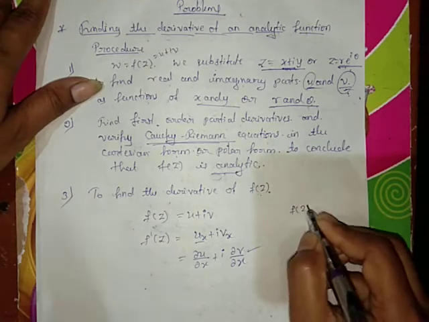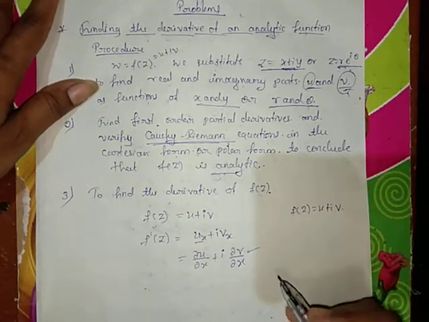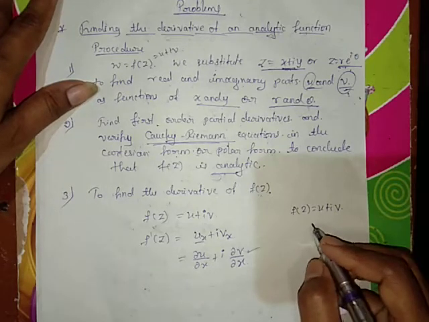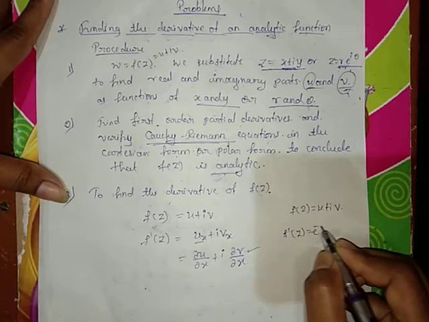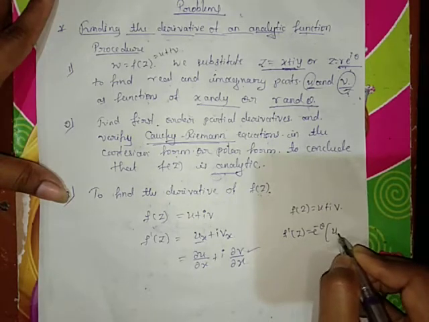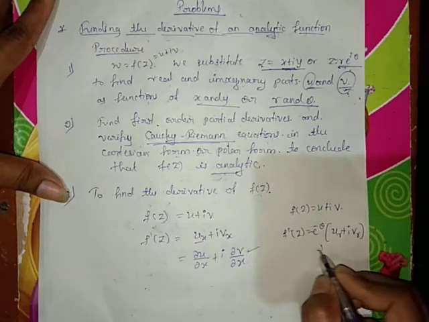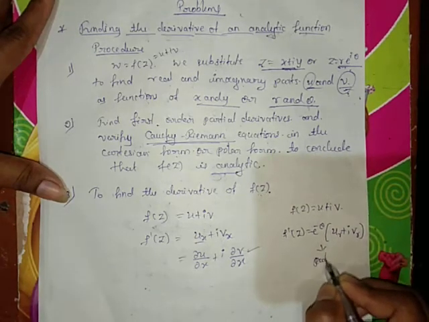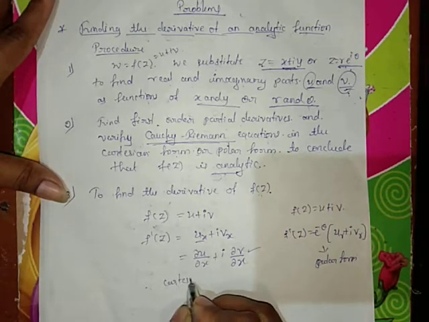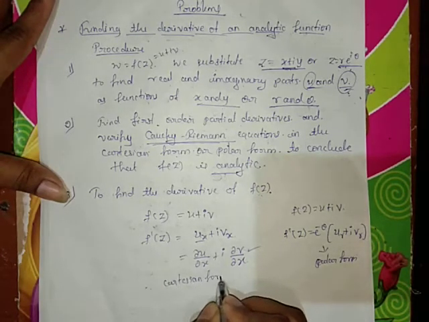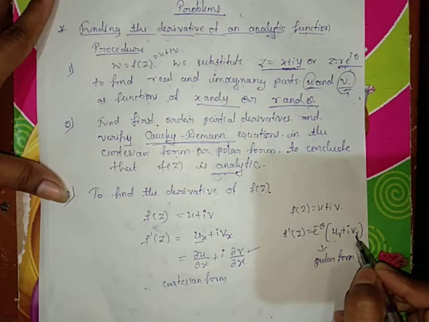Otherwise, if you take f of z equal to u plus iv in the polar form, then find f dash of z. Here f dash of z equals e raised to minus i theta into bracket ur plus i into vr, that is the polar form, and this one is the Cartesian form. ur is nothing but dou u by dou r, vr is nothing but dou v by dou r.